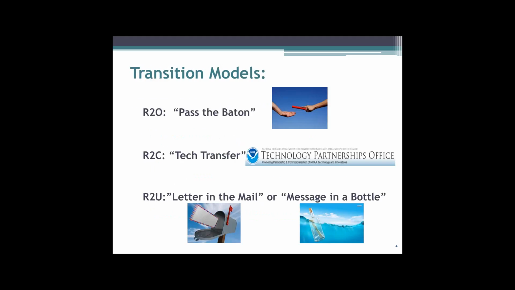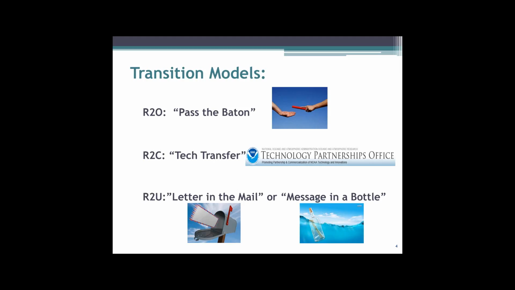Next slide. There are three different transition models that can be described for these different flavors. The R2O is best described as a pass-the-baton model, where the source of the R&D works closely with a transition partner or an operational entity to hand off that technology, software, whatever, to the group that's going to be maintaining it in operations.